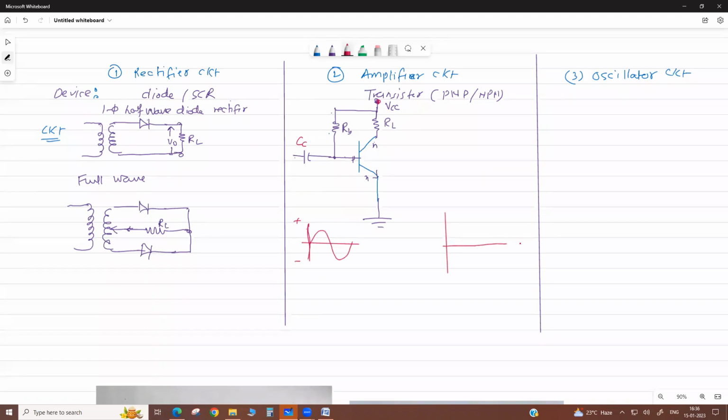It is enlarged; that is what amplify means. This is input, this is output. Across the load we get the output.